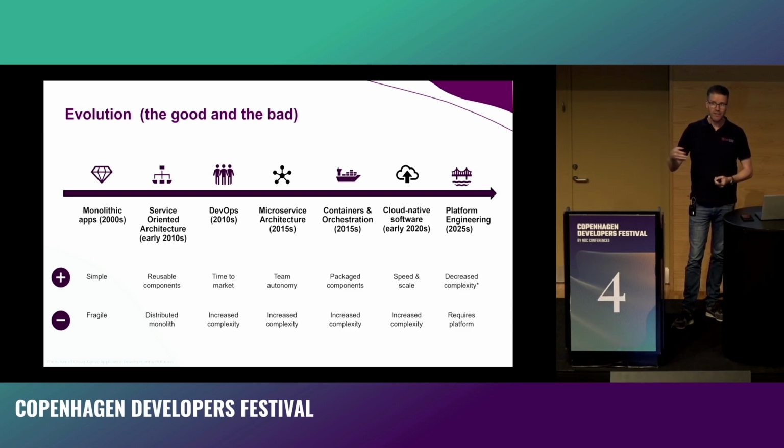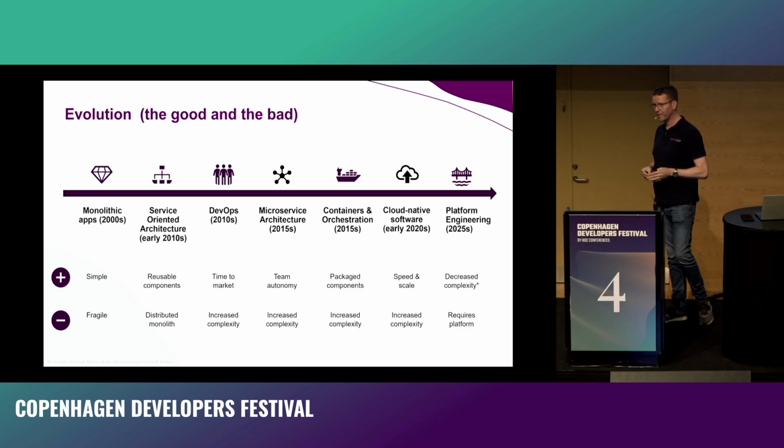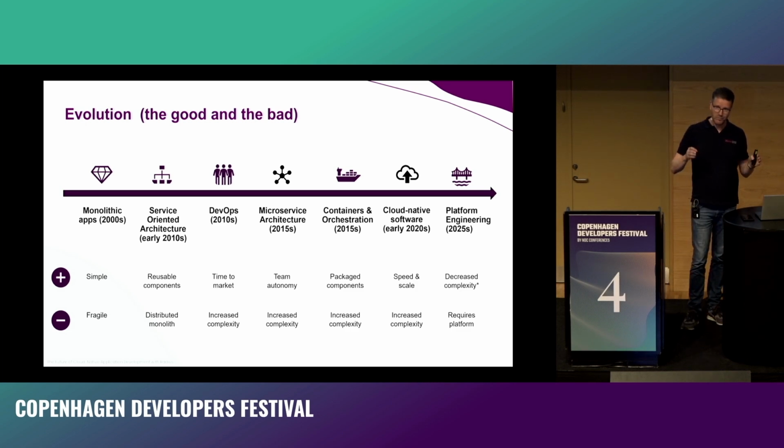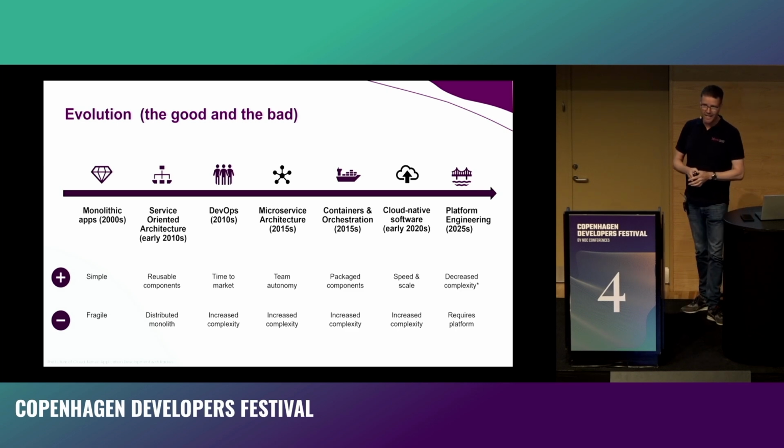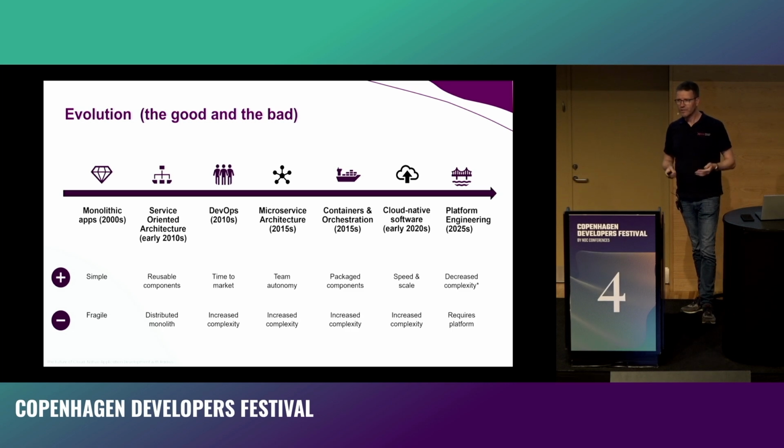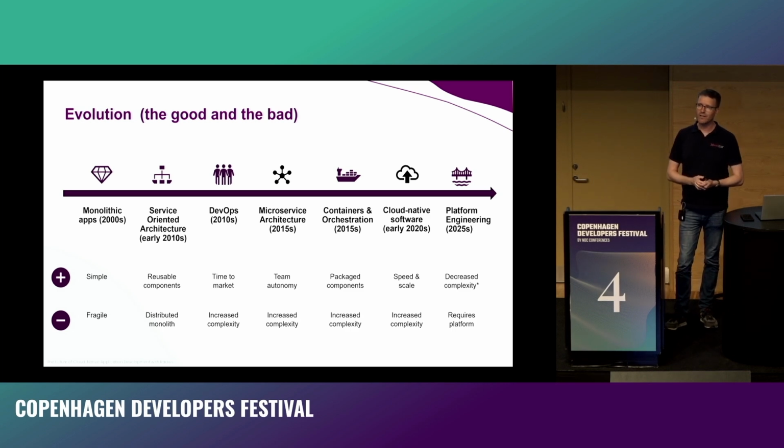And again, this decreases complexity for the product teams, but you will need a platform team who has all that expertise at hand. And an additional point here is that you need a platform. And of course, you already guessed it, this is where Radius will come in later.